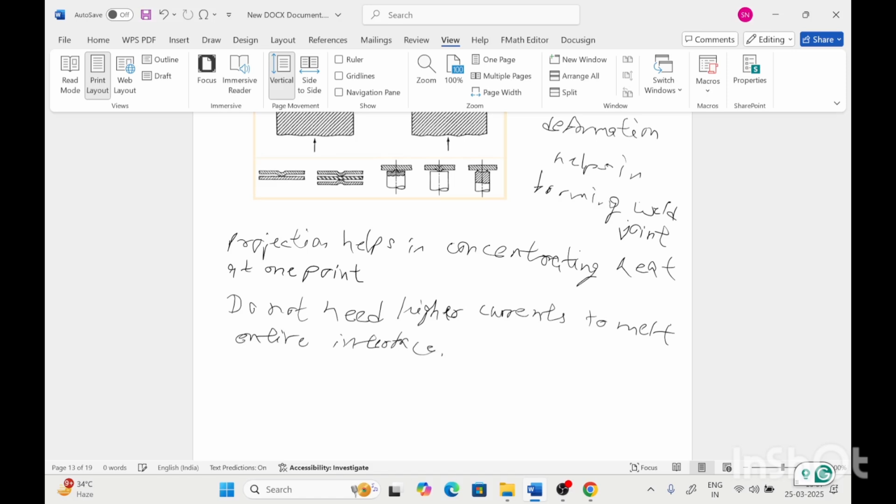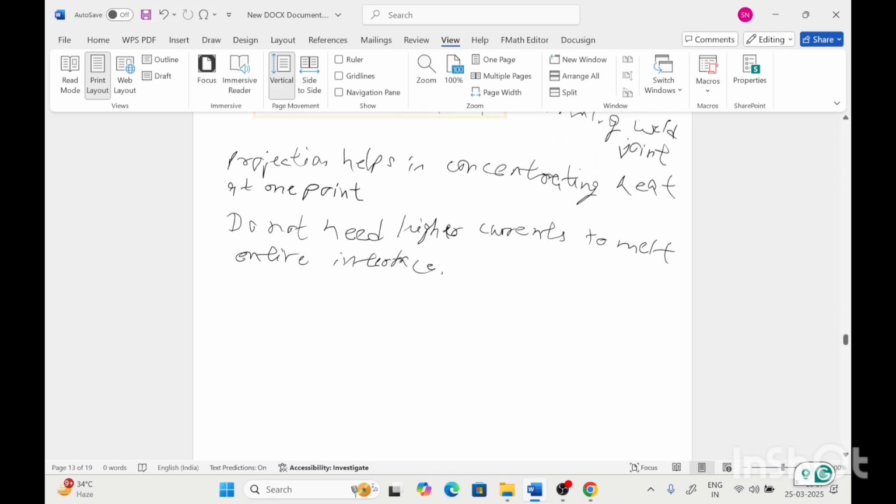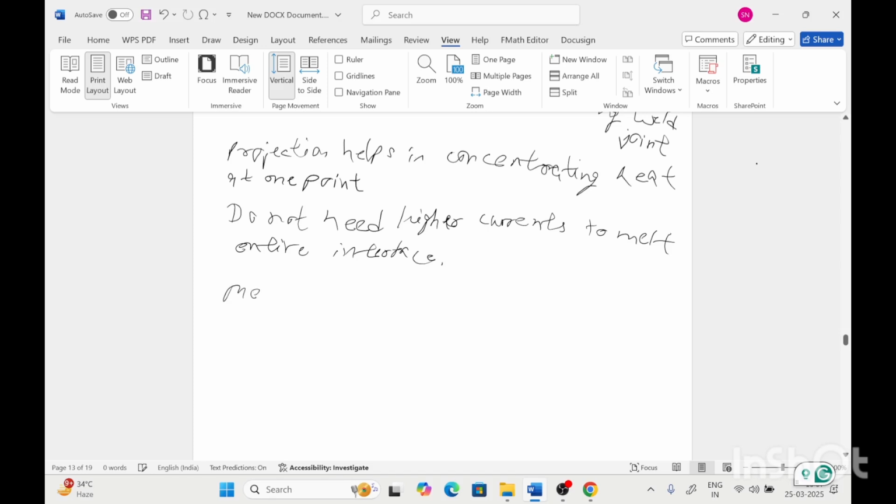But in the projection welding, the heat is concentrated at one point. So this will lead to less current supply, means less dependence on the current. The mechanical deformation assists in weld formation in the weld joint.